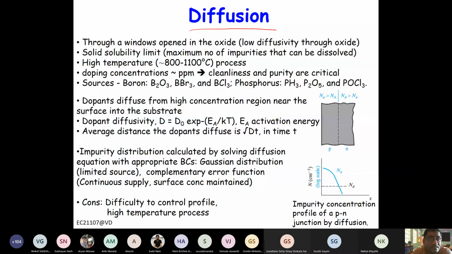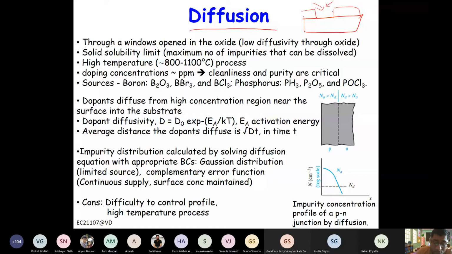Basically what was done, again, a window is opened. This is your silicon wafer, and then some window is opened, and from that window these ions, or these impurities, are diffused.